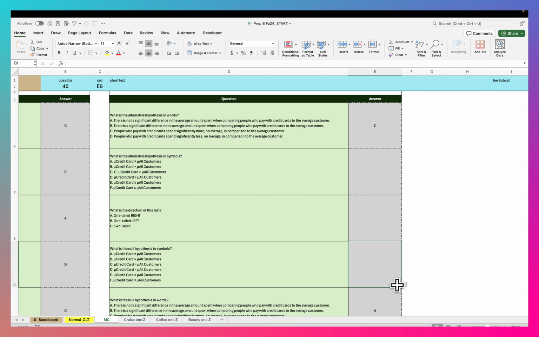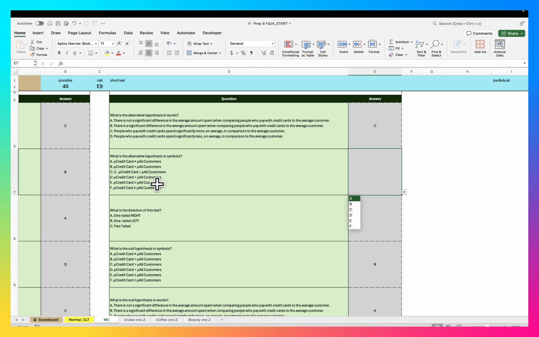I'll come down here. So as I said before, it's going to be straight up that they're equal. And the alternative hypothesis in symbols is going to be that it's more. All right. So now there's two versions of more. There's C, which is credit card customers greater than other customers.